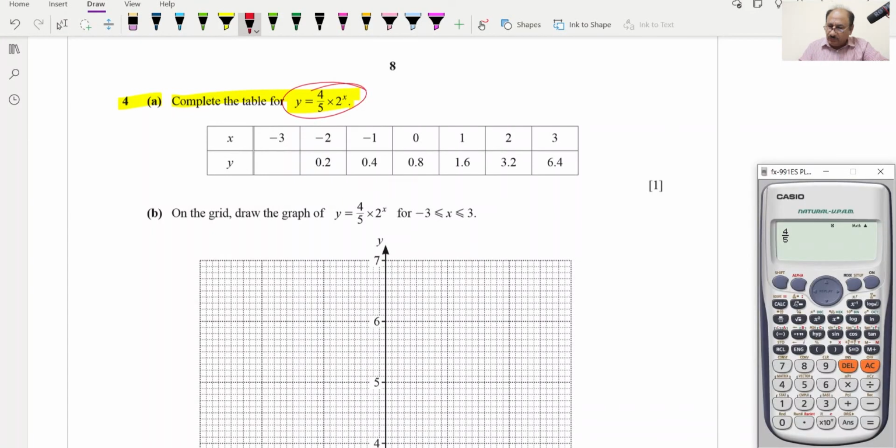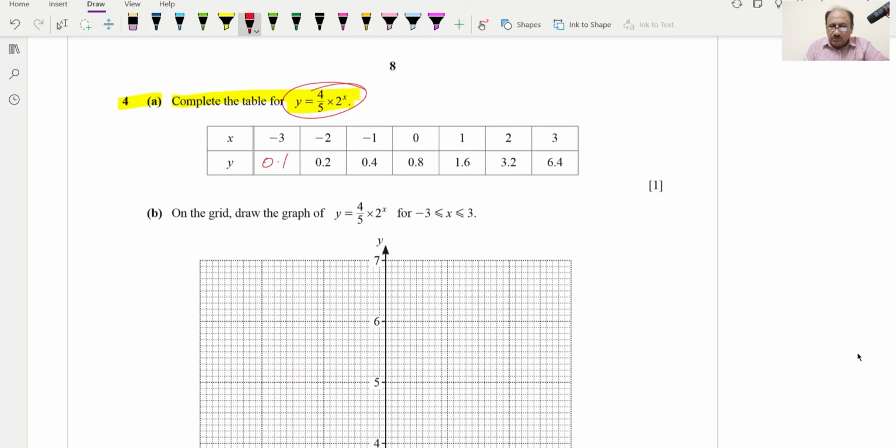So 4 over 5 into 2 raised to the power, basically we made a mistake, so 2 raised to the power x, so this one. Now we have written this, so calculate for minus 3, and we'll get 0.1. So we can write here 0.1. So this is 1 mark.